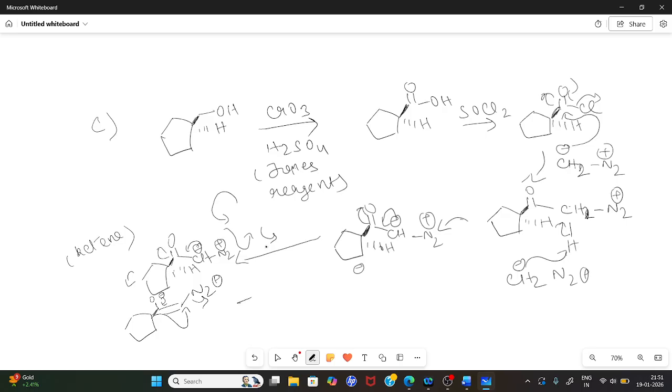So instead of this you just write this as double bond C, double bond C, double bond O, correct? Because one carbon is extra basically, nothing else.